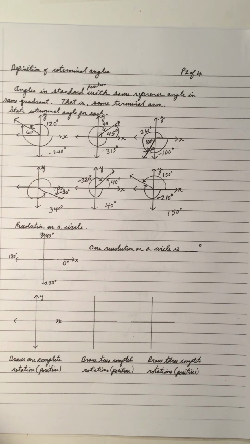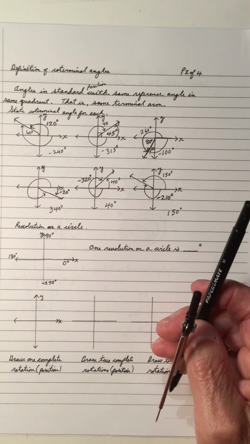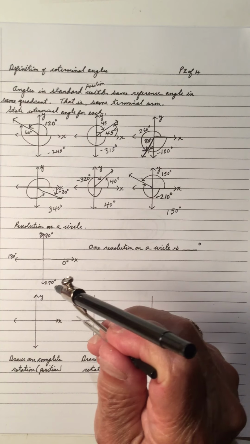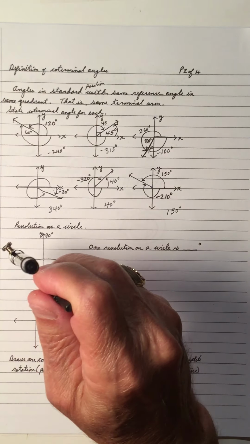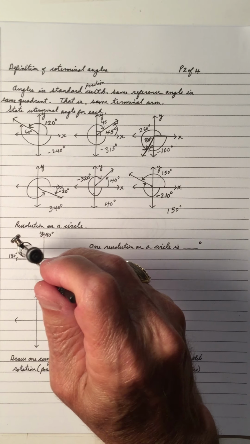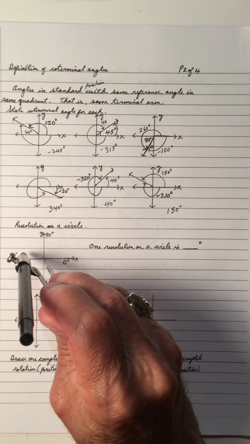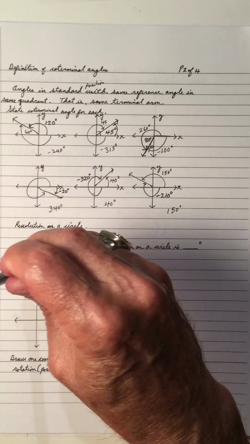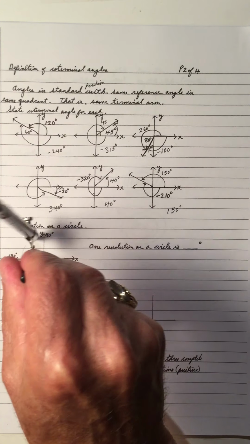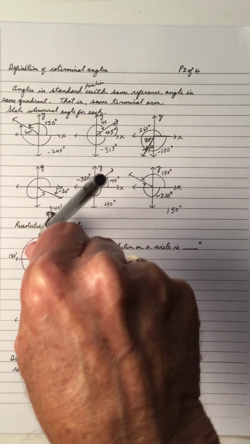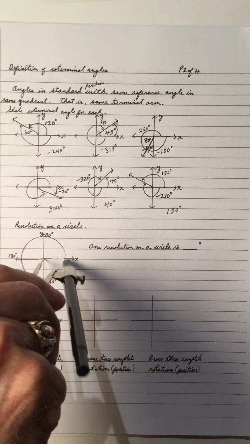Now let's look at rotations on a circle. Let me take up a compass and draw a circle with the center 0, 0, which is the origin of the x and y axis. I'm going to draw a circle around with a compass.